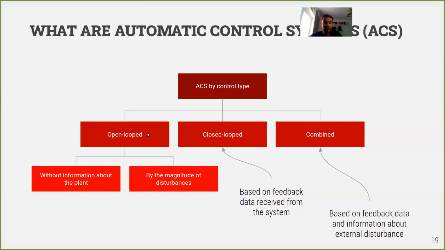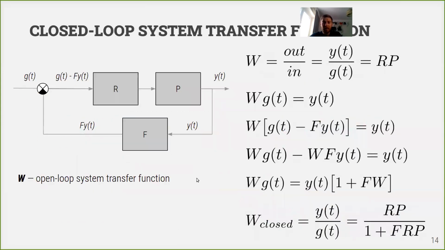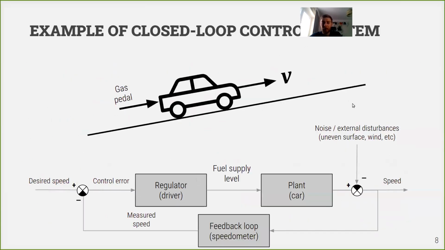But there are also systems which are open loop. They don't have feedback, but they can measure the magnitude of external disturbances. Imagine here we had a sensor which cannot measure the speed, but can measure the road slope. And then we could adjust our internal model of a car, the internal representation which the driver has, to try to guess the new gas pedal position to maintain the desired speed.